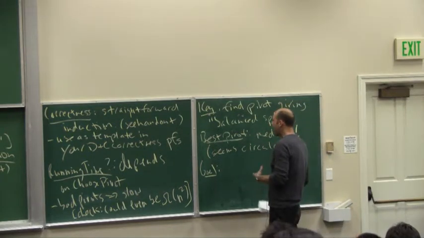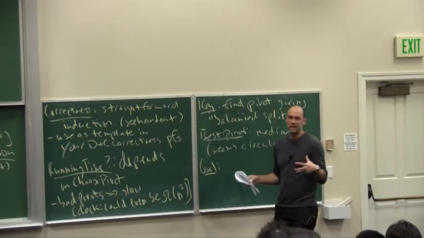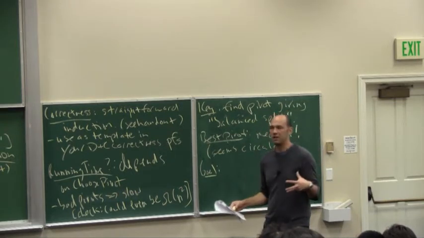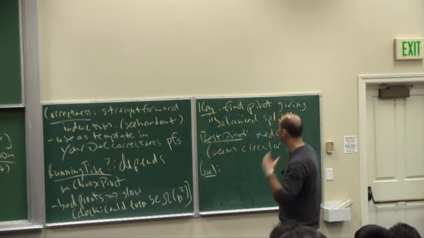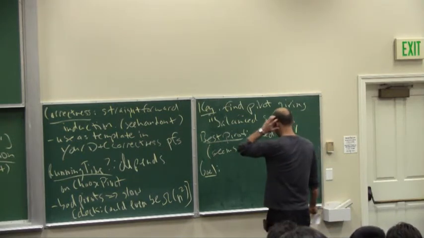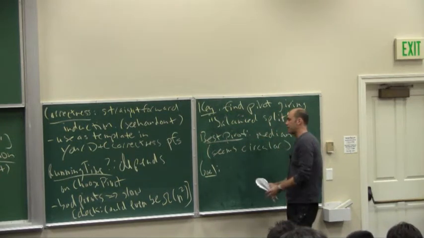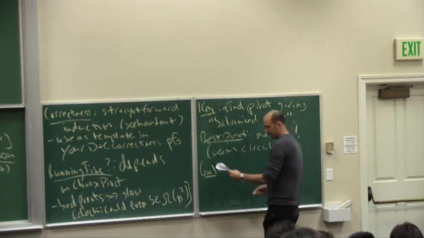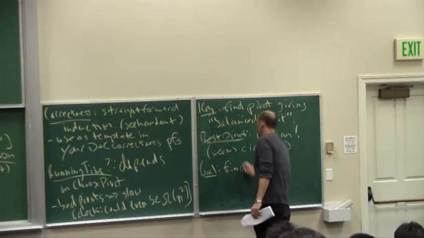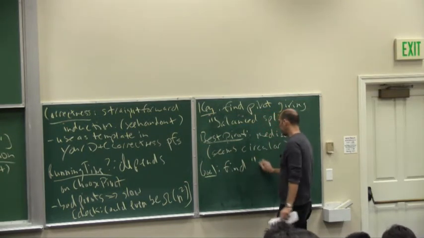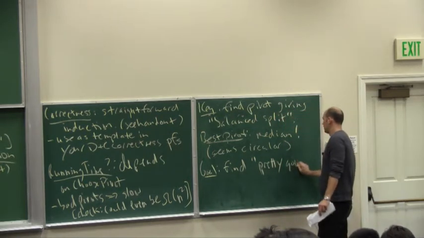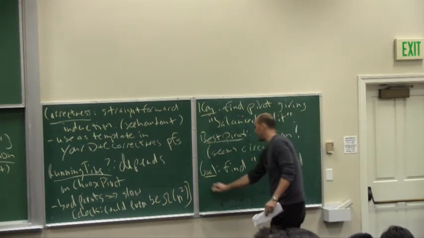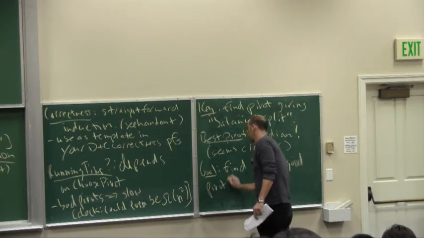We're not going to work so hard as to find the median, but we'll find a reasonable approximation of the median really quickly, good enough to the median so that we get basically a constant factor progress every step. So the goal is to find a pretty good pivot, not a perfect pivot, but in a precise sense, a pretty good pivot very quickly.